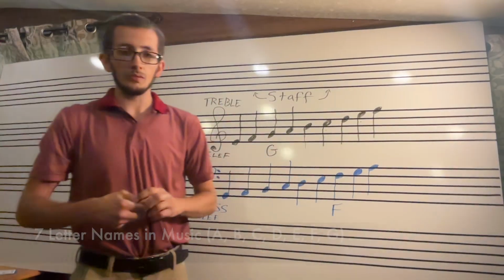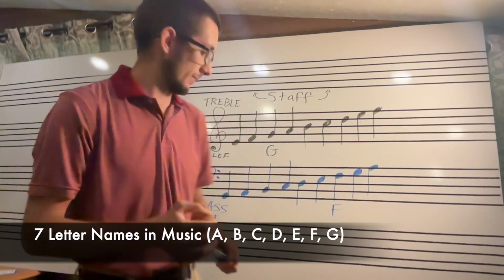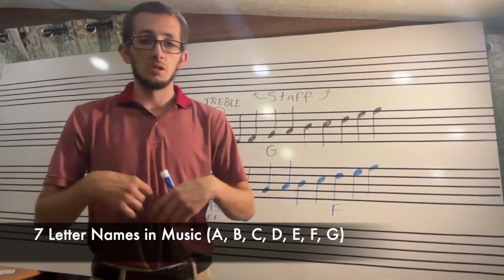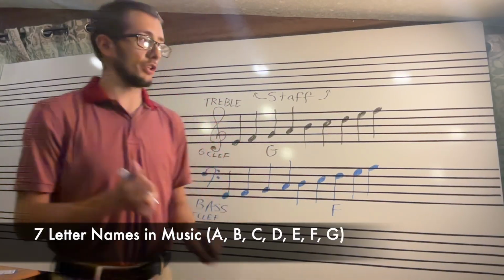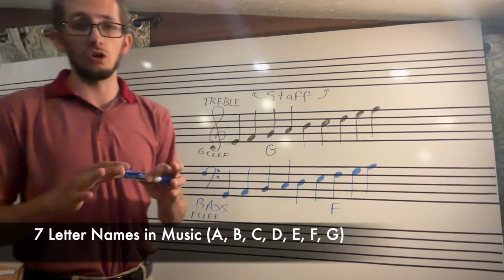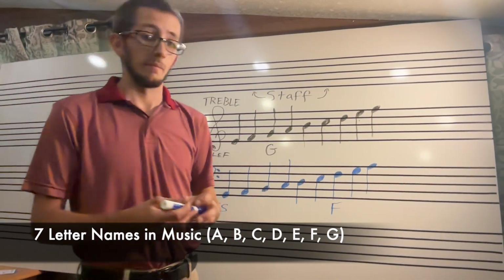If we look over here to the note that's written on the 4th line, this note is an F. One thing that's important to understand is that there are only 7 letters that we use to indicate pitches. We use the letters A through G, and they are also written in alphabetical order.